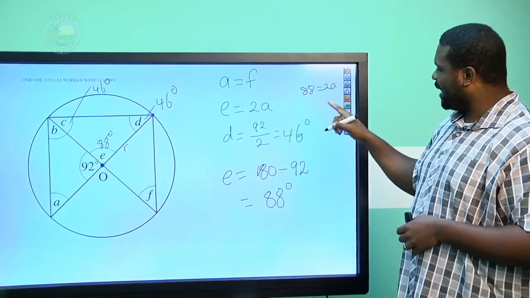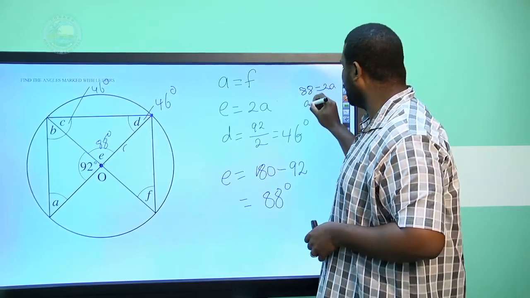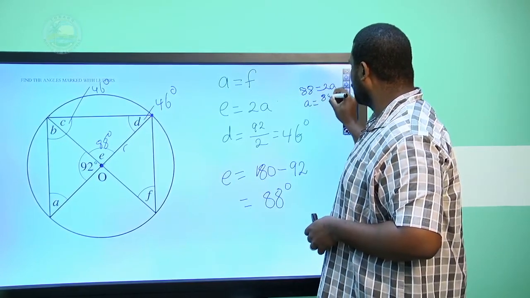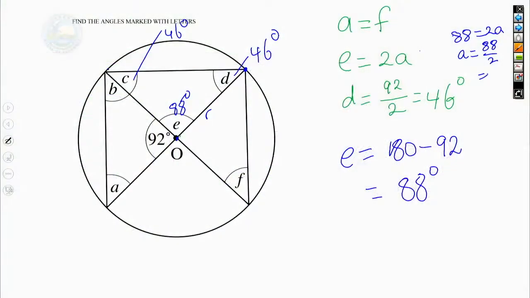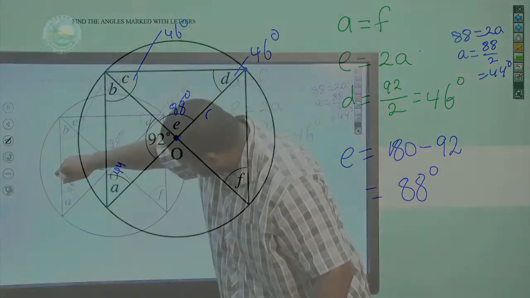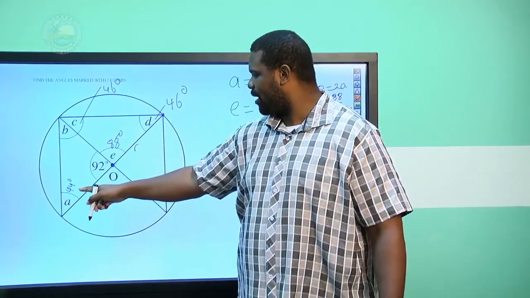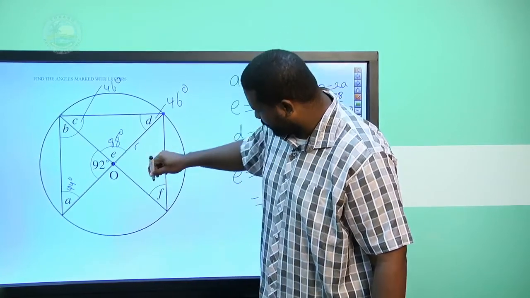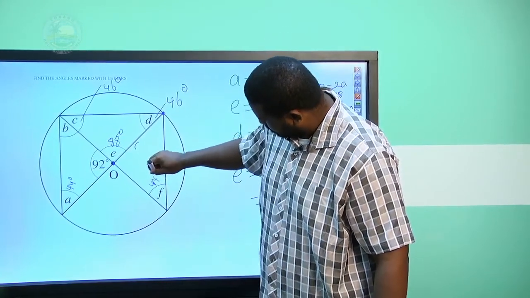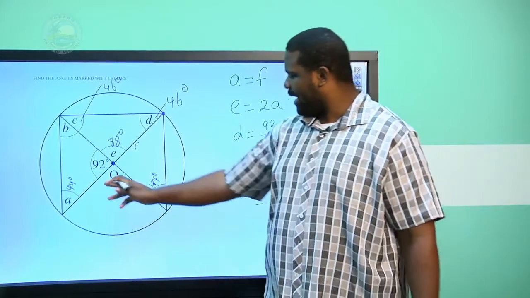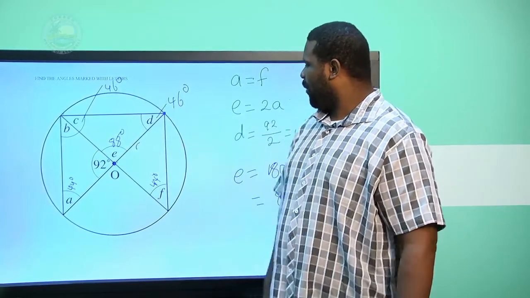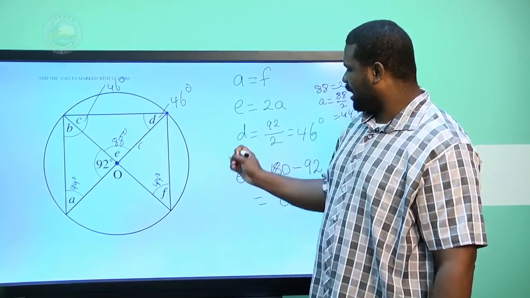So A will be a half of 88, which is 44 degrees. And we know that A is equal to F, so if here is 44, here is 44. So we've found A, C, D, and F.